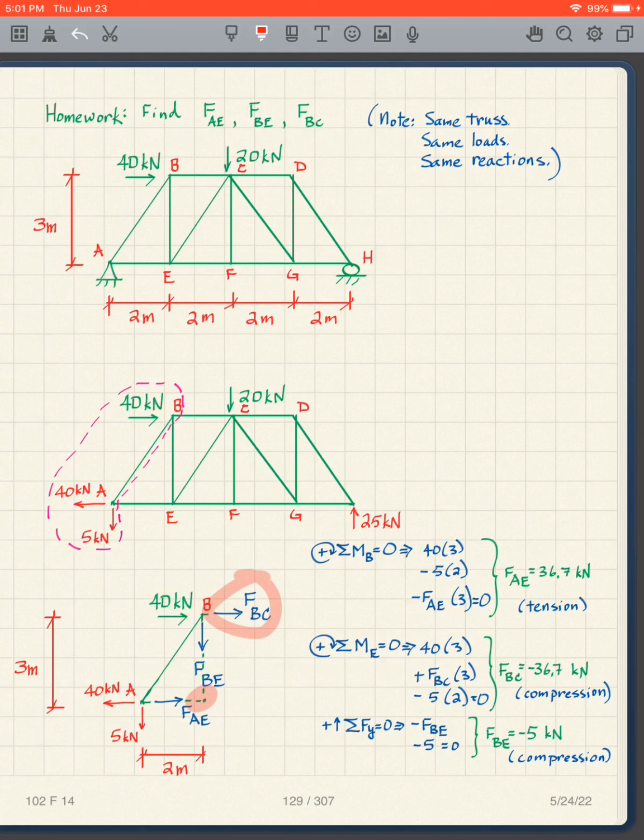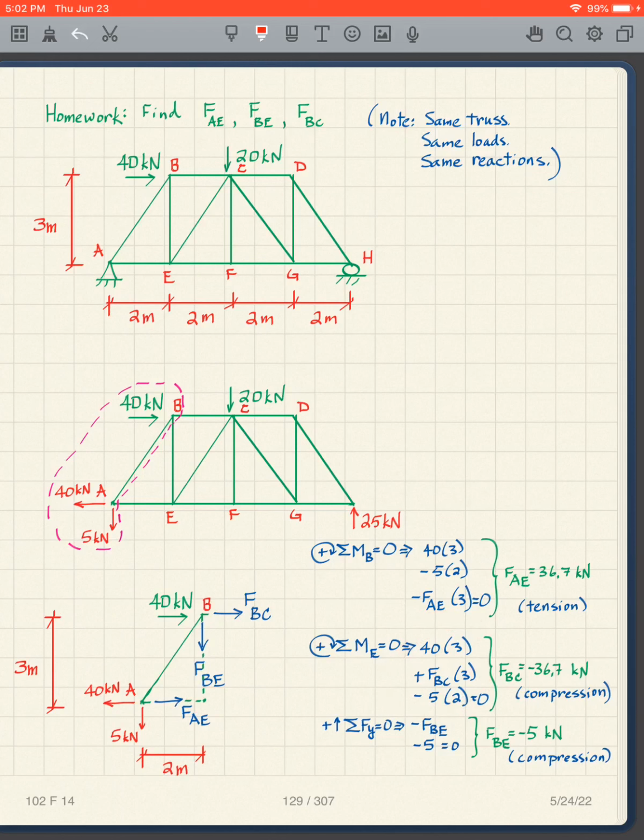I'm going to have FBC times 3 clockwise. And I'm going to have 5 times 2 counterclockwise. All those go into here, and I solve for that, I get that.